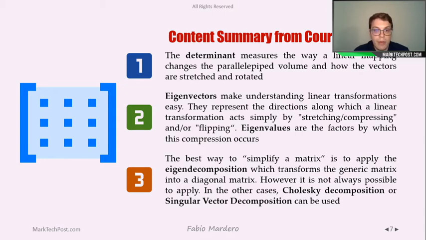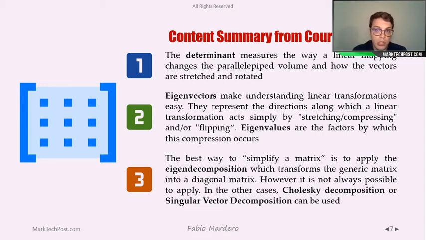Then we saw how eigenvectors and eigenvalues can be used to simplify a matrix. If we have a square matrix, the easiest way to simplify it is to eigendecompose it, which means to transform the generic square matrix into a diagonal matrix.